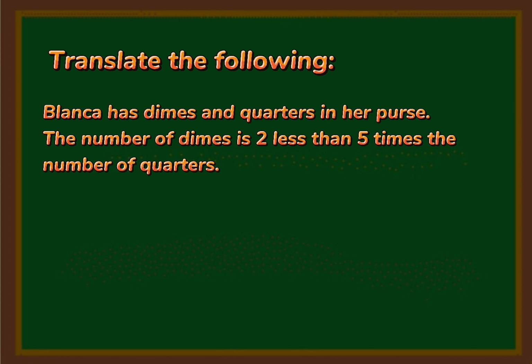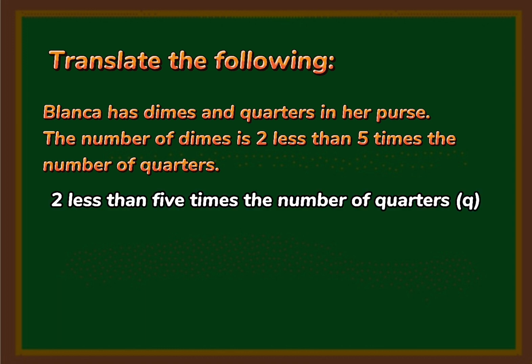Blanca has dimes and quarters in her purse. The number of dimes is 2 less than 5 times the number of quarters. Let Q represent the number of quarters and write an expression for the number of dimes. So first, the phrase here is 2 less than 5 times the number of quarters.